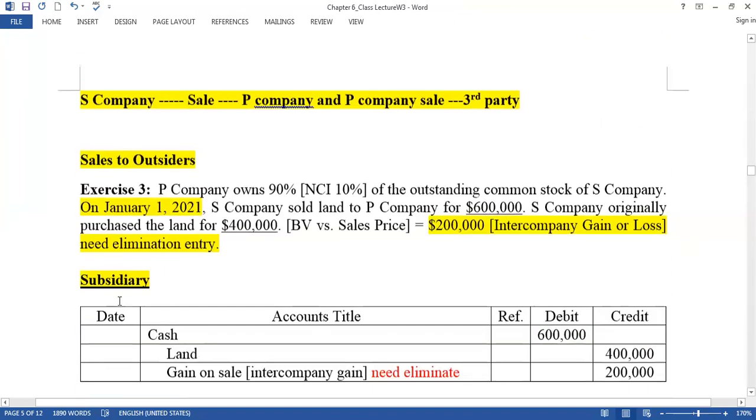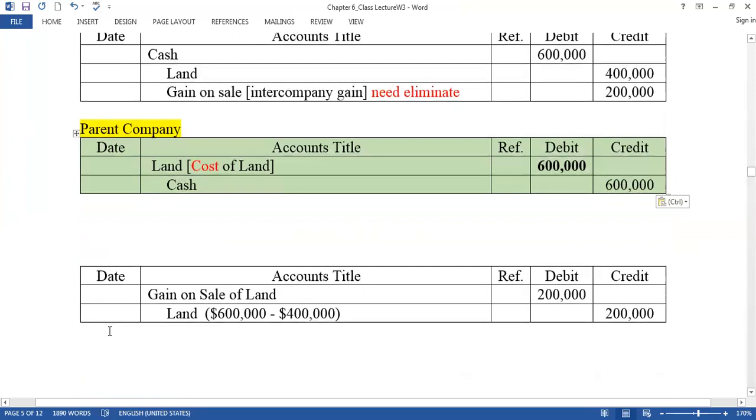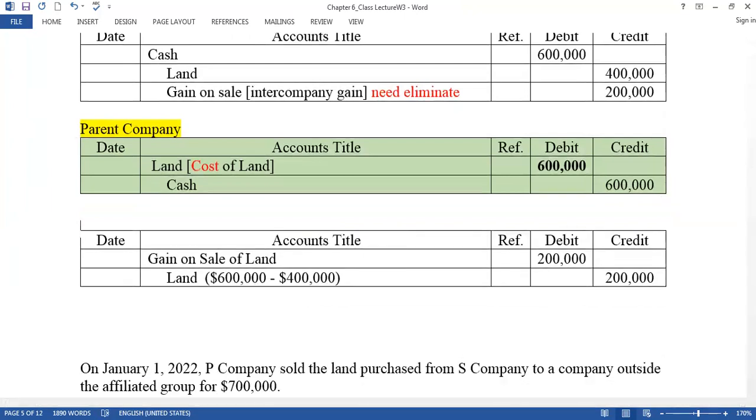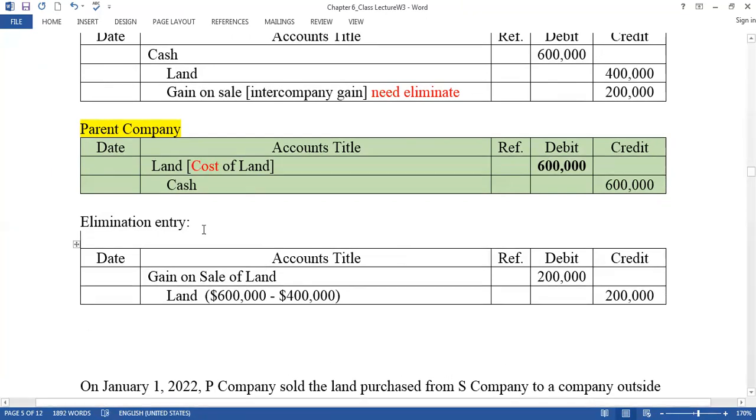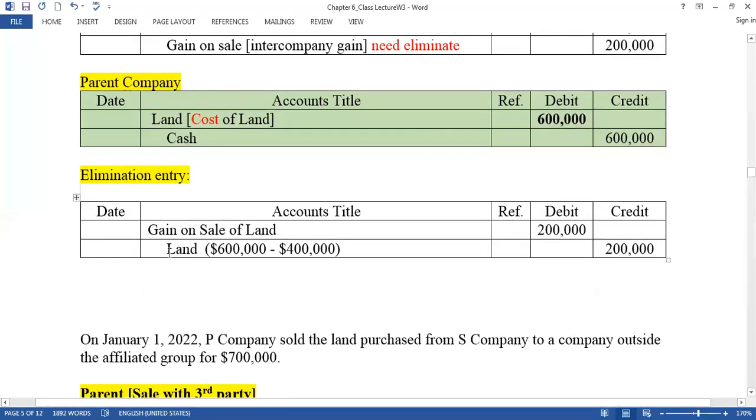Now, because in this question I didn't ask you to do the elimination journal entry, this is the elimination entry: gain on sale of land debit, right?